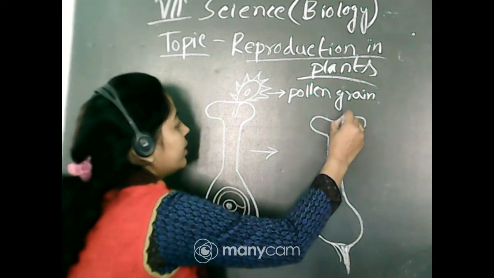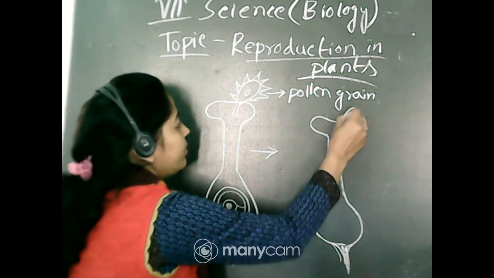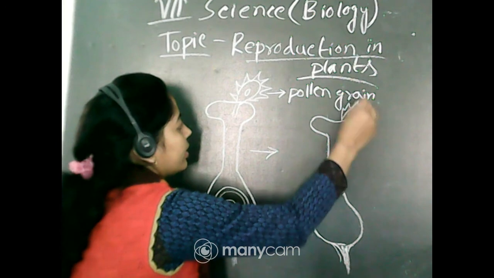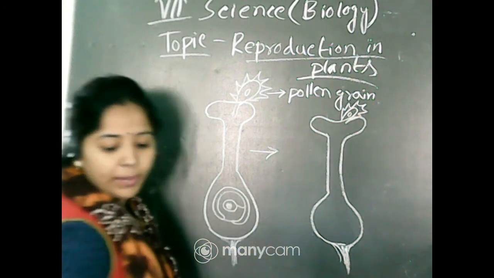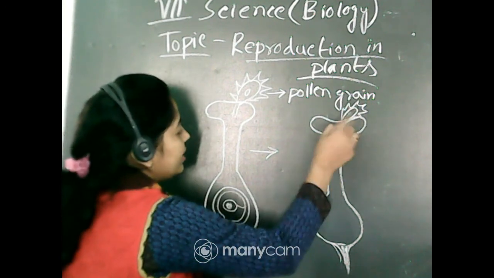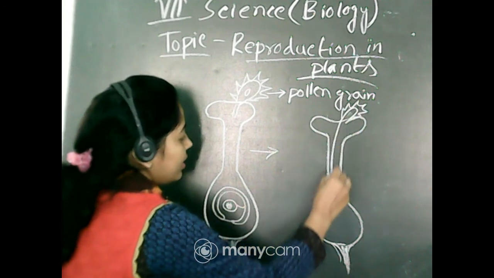So here the picture will be that the pollen grain will make a tube, and this nucleus will migrate.